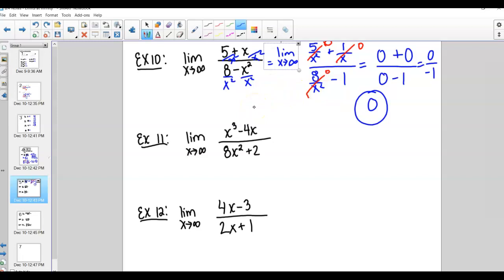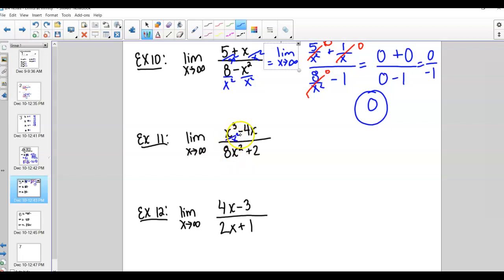Alright, let's look at example 11. Now, again, we want to divide by the highest exponent from the denominator. So our highest exponent is x to the third here, but it's in the numerator. So we want to divide by the highest exponent from the denominator.